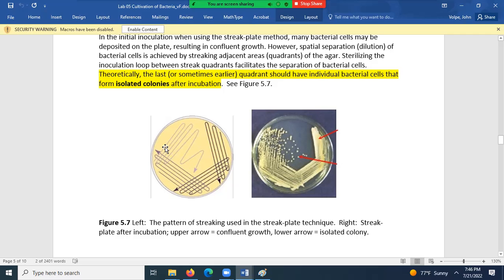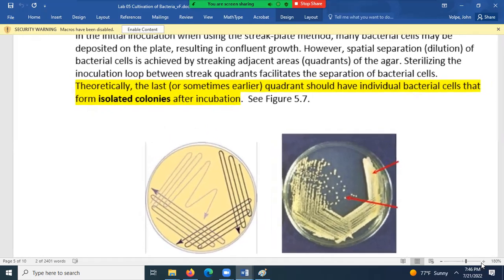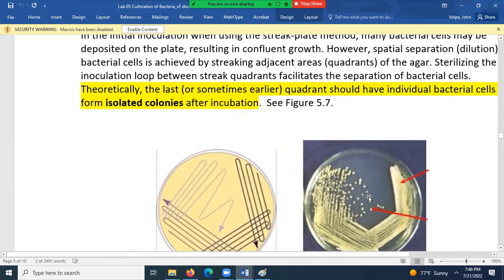They could be in sector 4, sector 3, sector 2, or even sector 1. The point is you're getting isolated cells. And right here, we put down one cell or a few cells, which then grew to form a colony. And you take from this colony to streak out another plate.